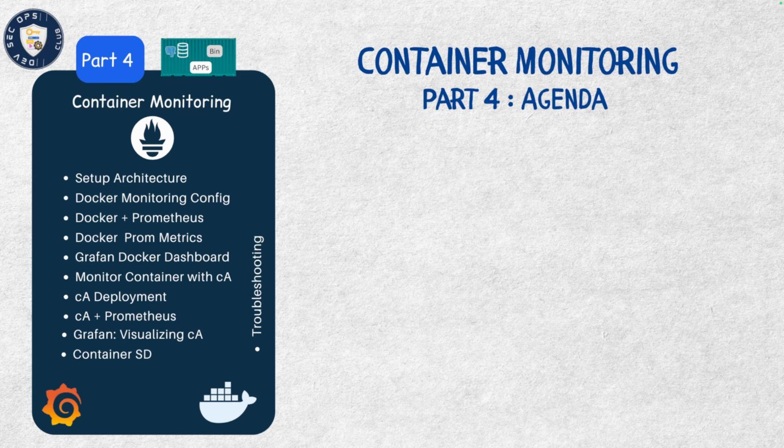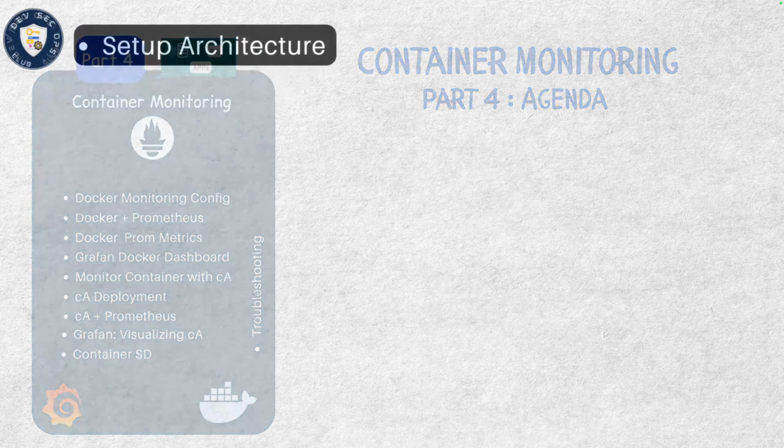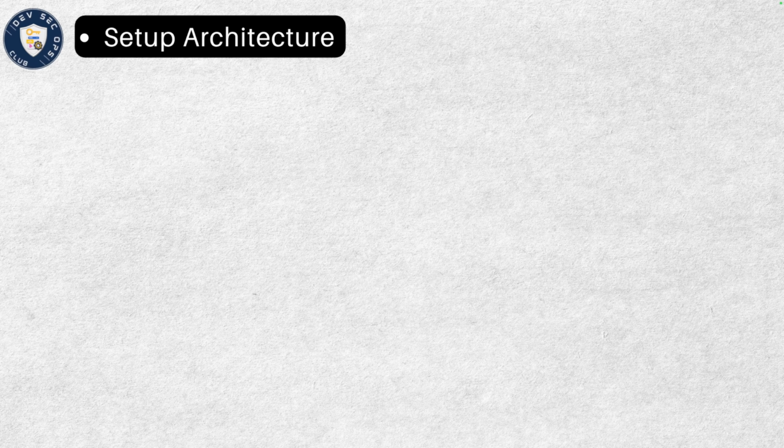So let's get started with the first topic, setup architecture. As it's a hands-on session, let's first understand what we are going to set up in this session. Overall, container monitoring could be divided, based on my experience and understanding, into two broad use cases.